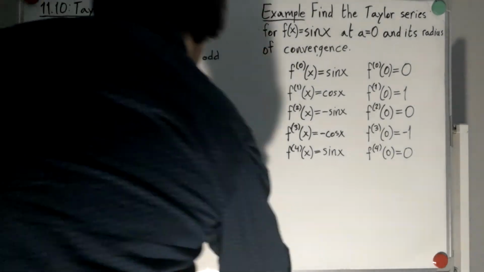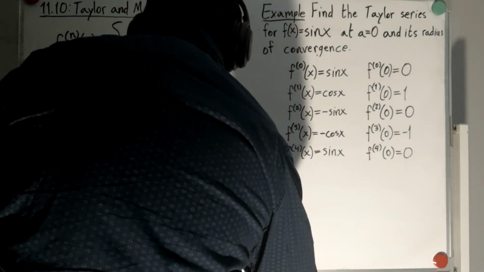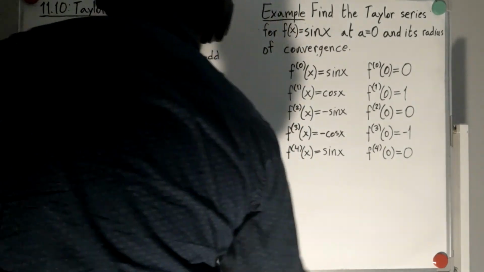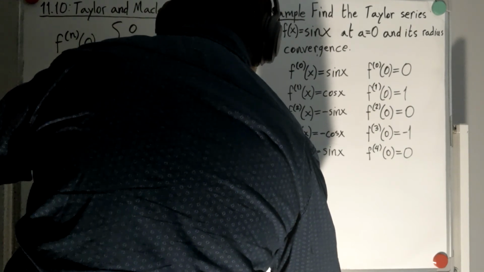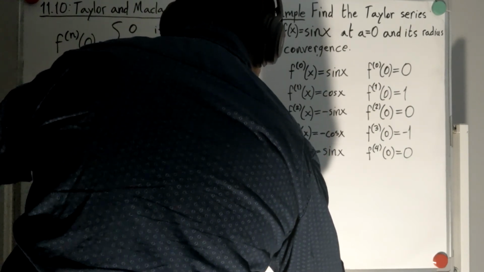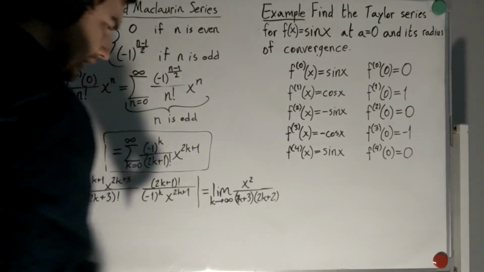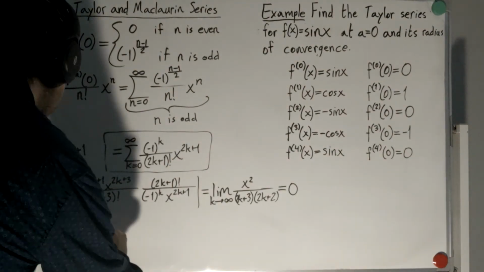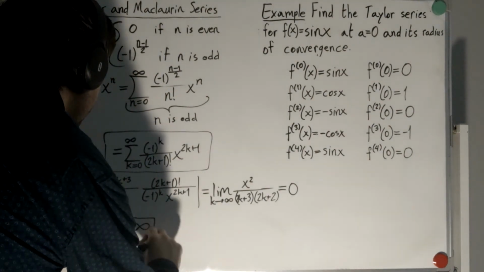This ends up being the limit as k approaches infinity of x squared divided by 2k plus 3 times 2k plus 2. As k approaches infinity, this approaches 0, no matter what x is. And so the radius of convergence is infinity.